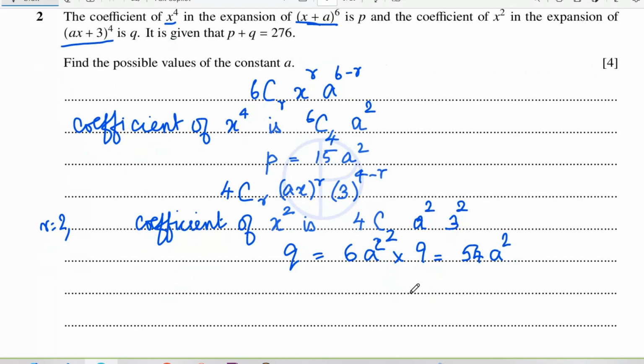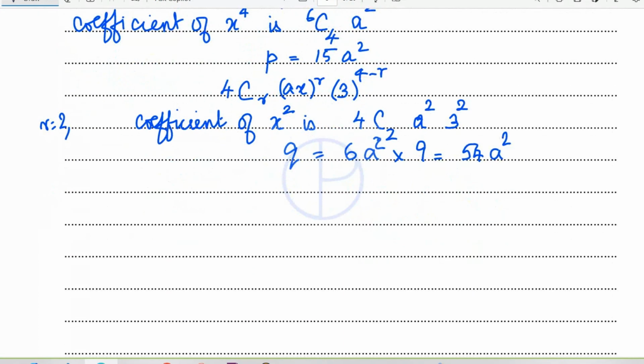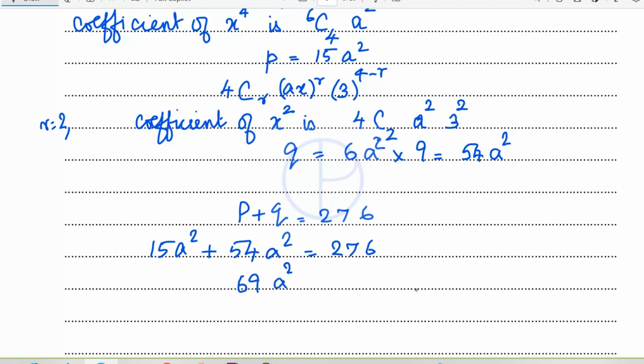It is given p plus q is equal to 276. So 15a square plus 54a square equal to 276. 69a square equal to 276.